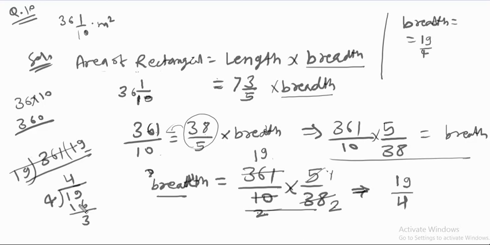So 4 and 3 by 4. You can write it this way. 4 and 3 by 4 meters will be your breadth. This is your answer. Both are correct, right? 19 upon 4 is also correct and 4 and 3 by 4 is also correct. So you can write any one of these two.